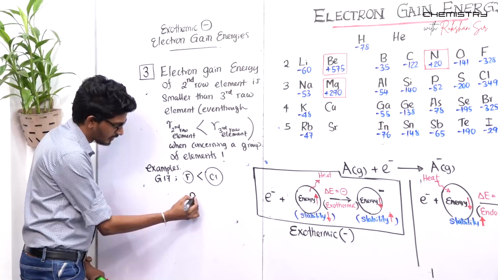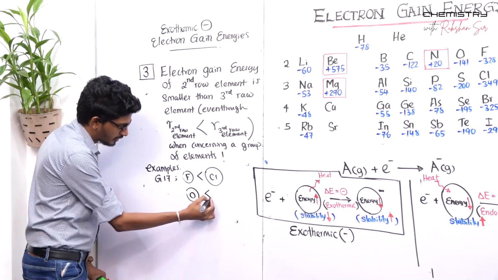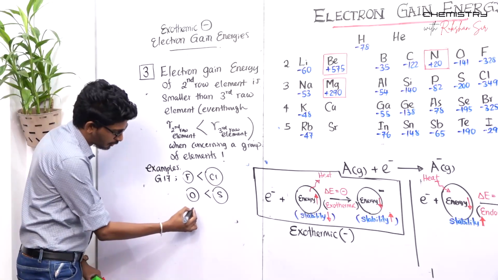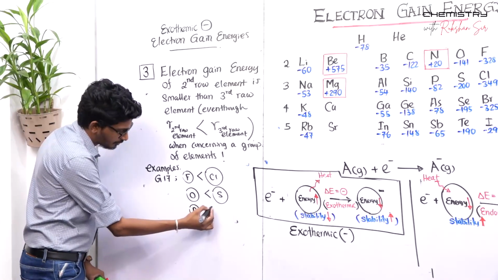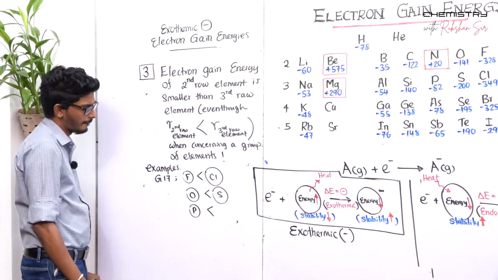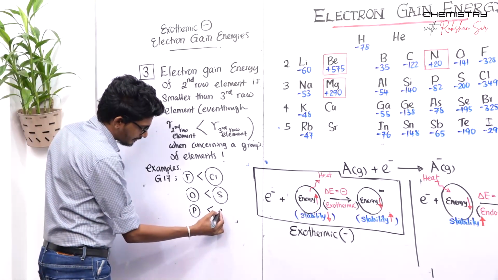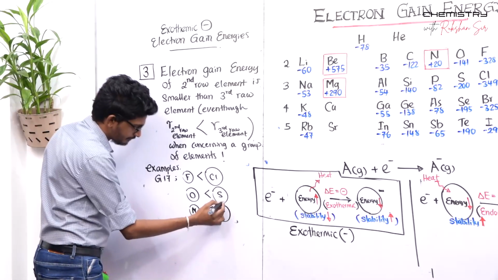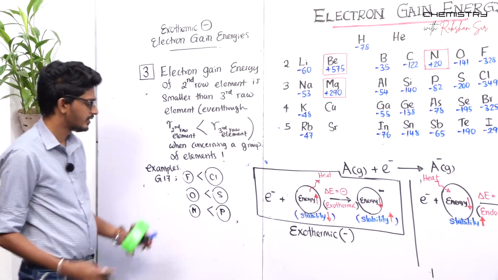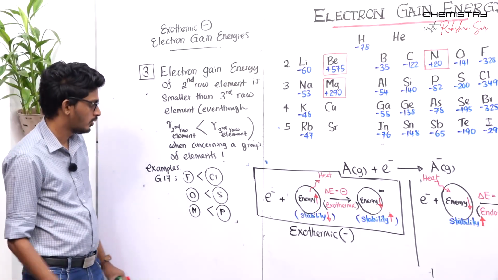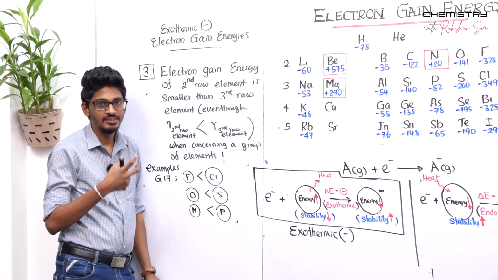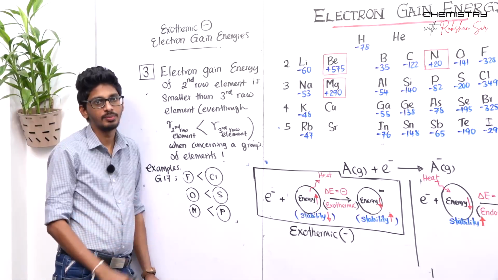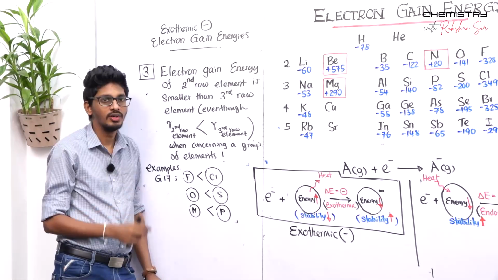The oxygen value is smaller than that of sulfur. The nitrogen value is smaller than that of phosphorus. The reason is, yes, we know becoming smaller is good for the first electron gain, but too much small is a problem.